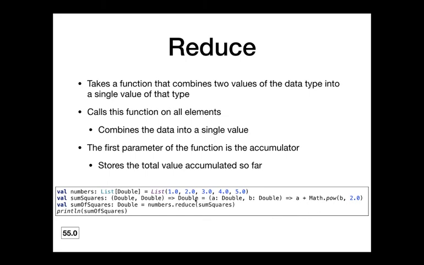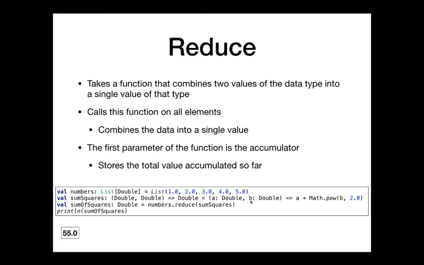I'm going to assign that to a variable of type double, double to double, name it sumSquares, and call numbers.reduce(sumSquares). So reduce is going to take a function in this format where the first parameter is going to be the accumulator variable, much like the accumulator from the accumulator pattern in 115, and the second parameter is going to be the elements of my data structure, one at a time.